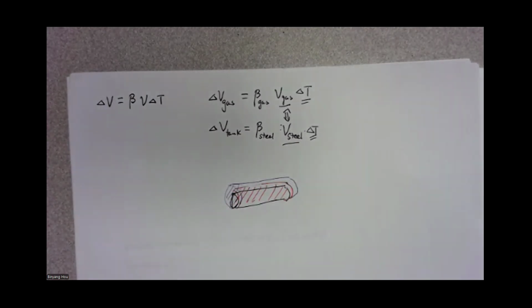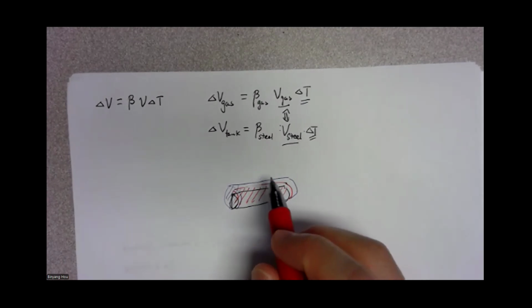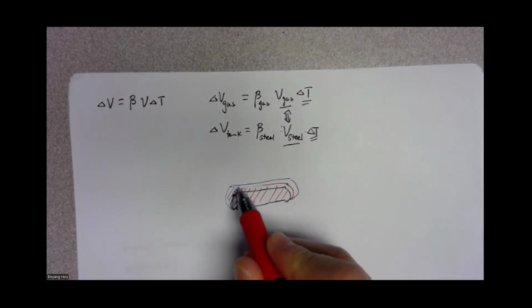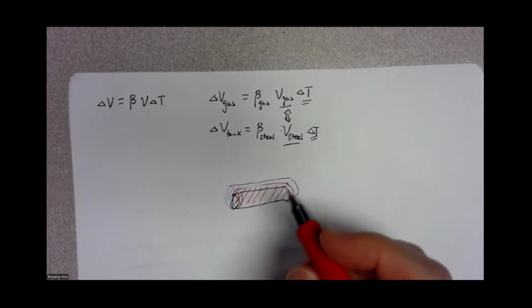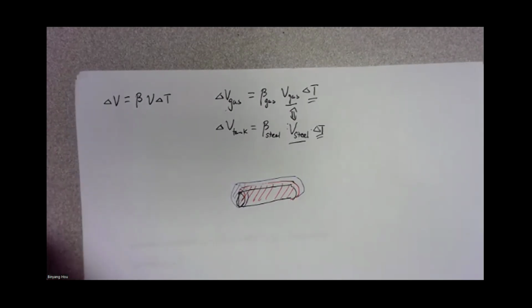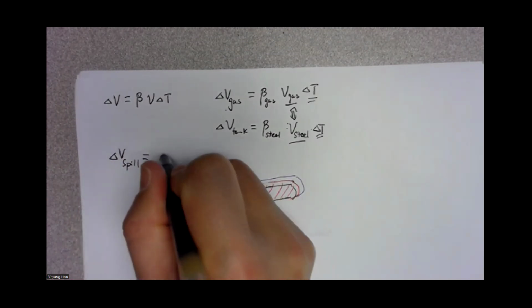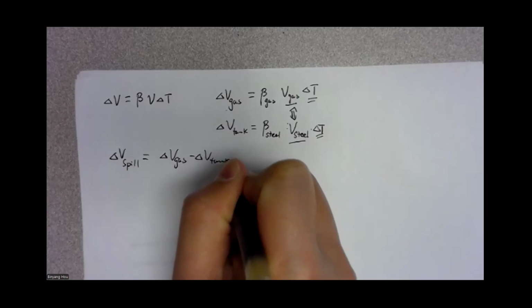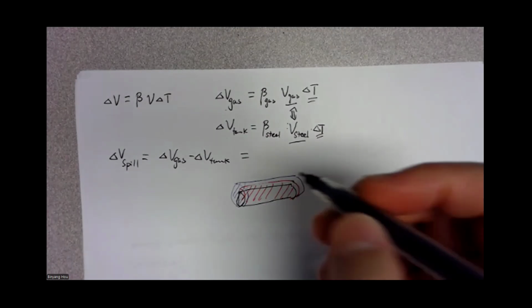So in that case, you can either do the final volume of the two, subtracting each other, or you can just do the expansion part minus that, right? So you can just do the expansion part of the gasoline minus the expansion part of the tank, okay? So the amount of spill, delta V spill, should be equal to the amount of gasoline expansion minus the amount of tank expansion, because gas expands more than the tank, okay?